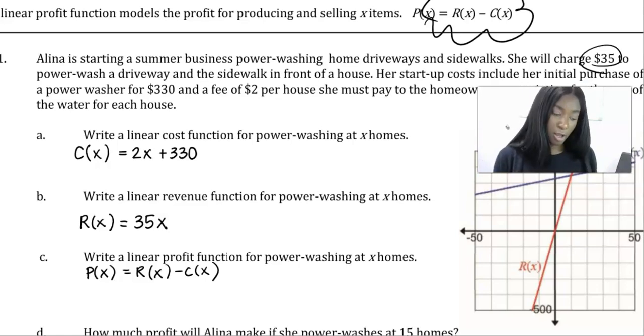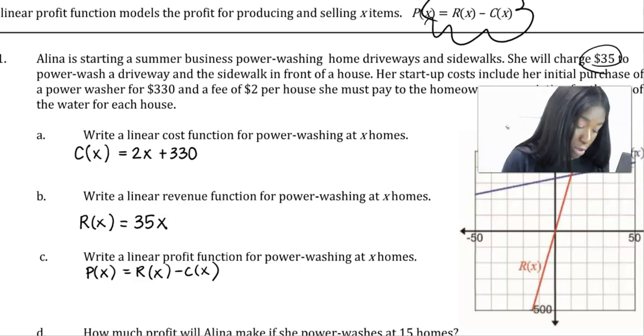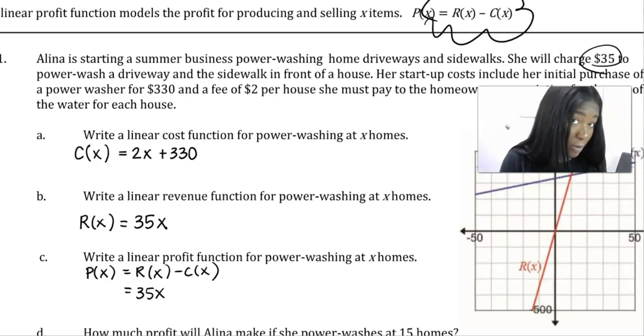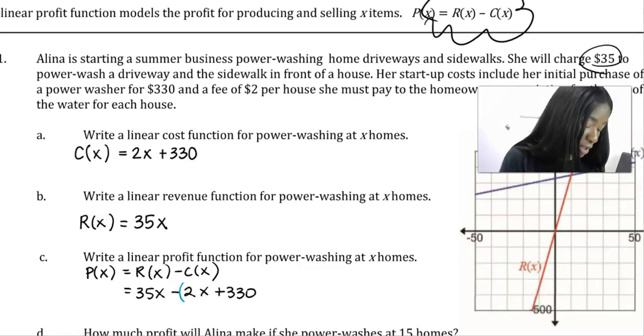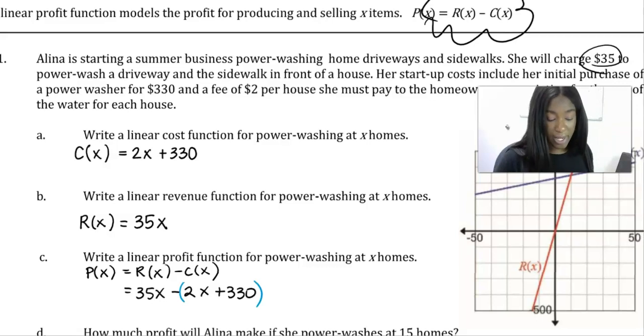And I made a particular point that when you're subtracting functions, you have to be careful because you need to distribute the negatives. So we will take the revenue function, and what we will not do is just stick a minus sign between the revenue function and the cost function, because we need to be using parentheses, because we need to distribute that negative.